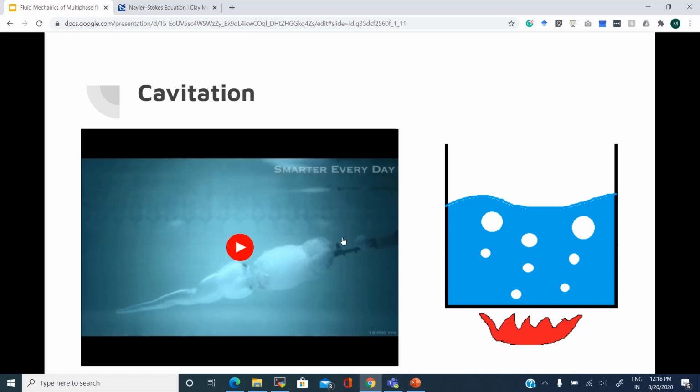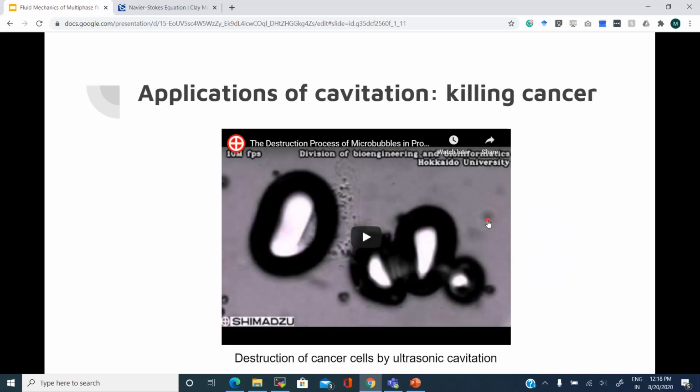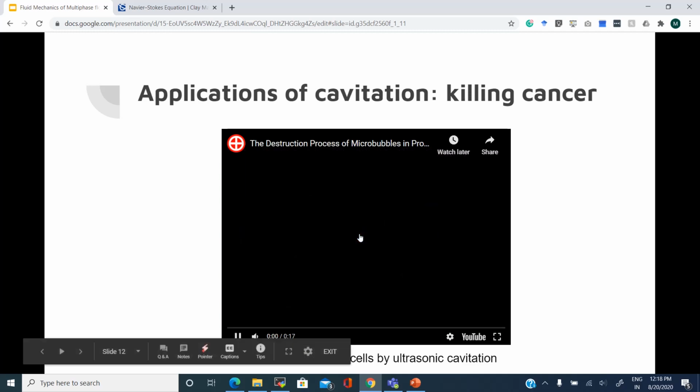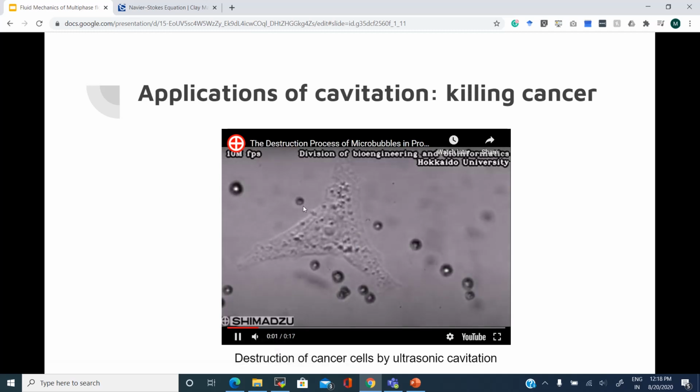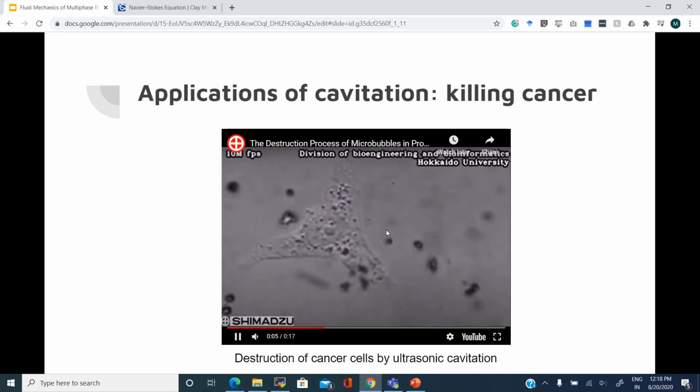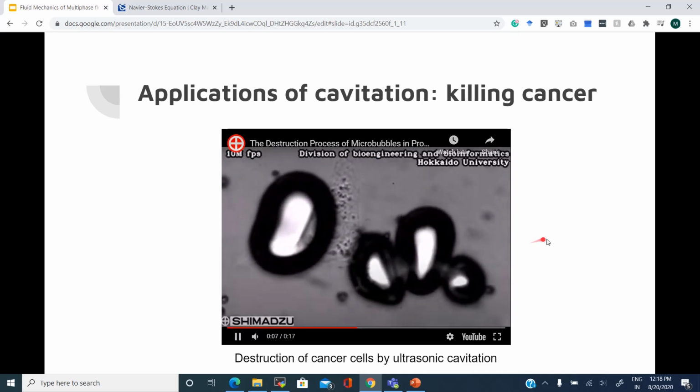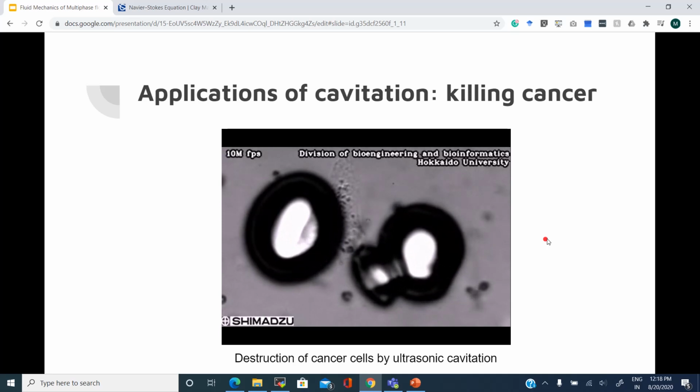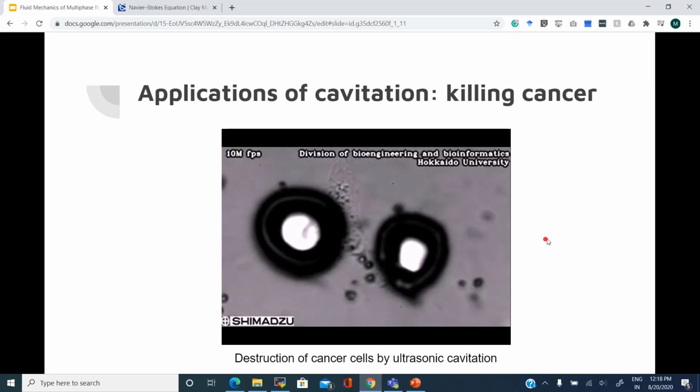This phenomenon is similar to boiling, where you also get these vapor bubbles inside the liquid. And this is also used in treating cancer. Here there are these tiny bubbles which are used as seeds, and focused ultrasound is provided on the tissue that you want to destroy.